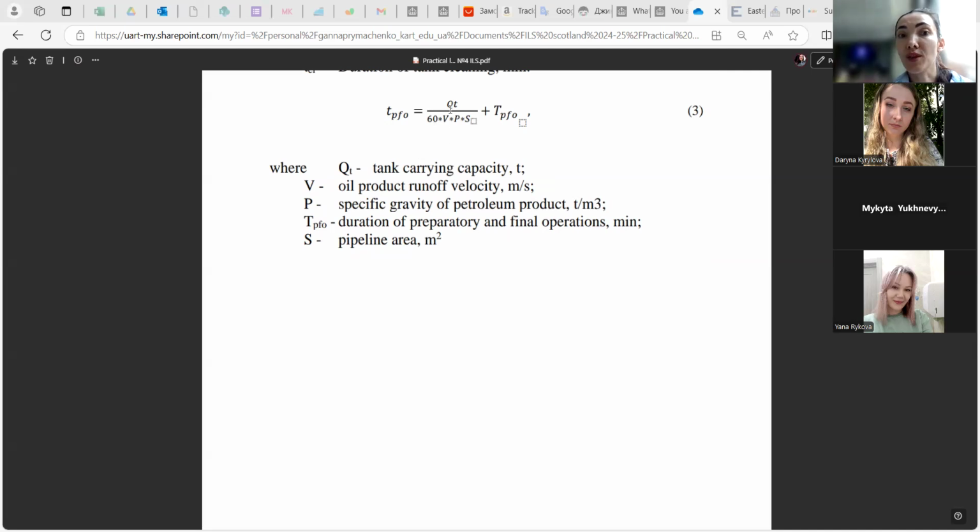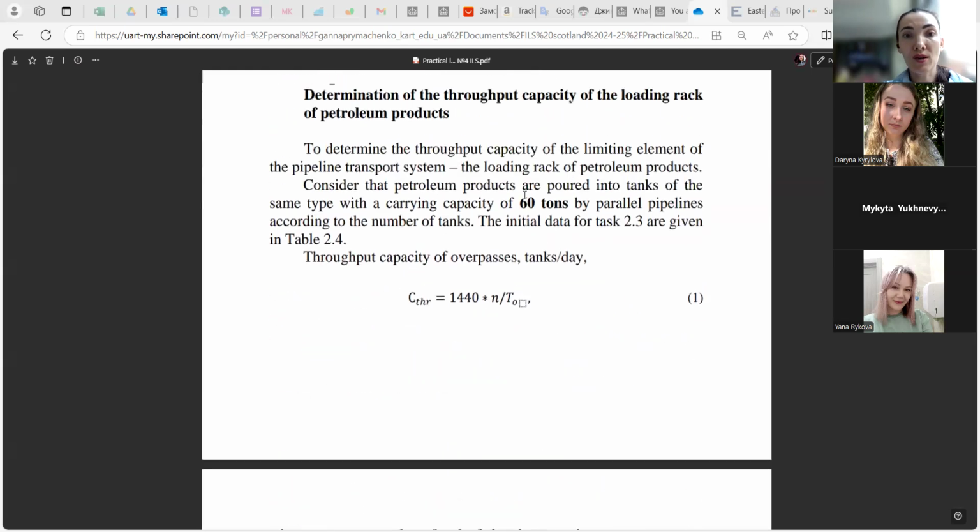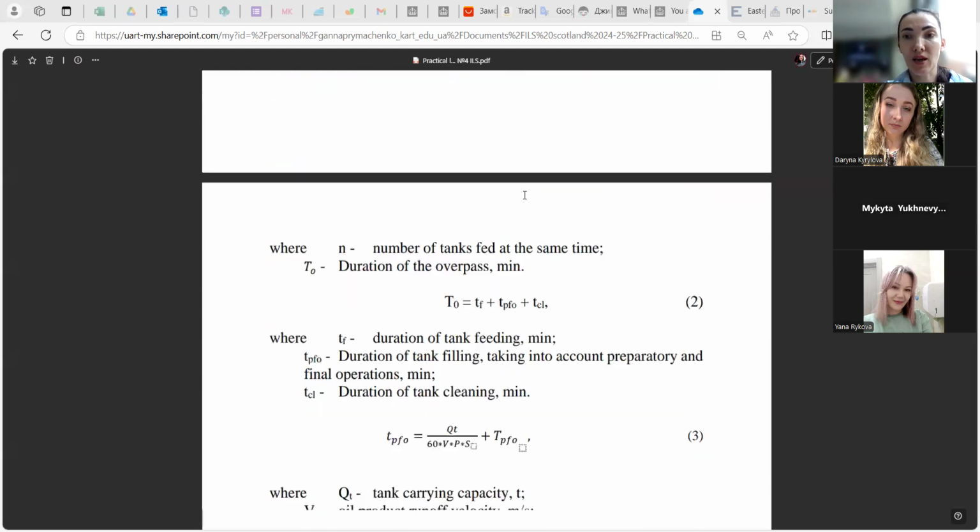multiplied by V. What does V mean? It is the oil product run-off velocity, in meters per second. Where can we find it in our table?